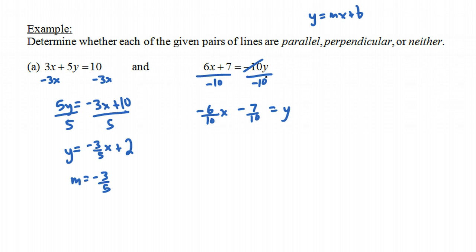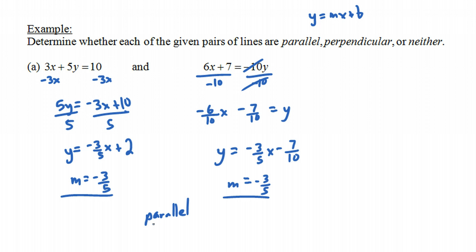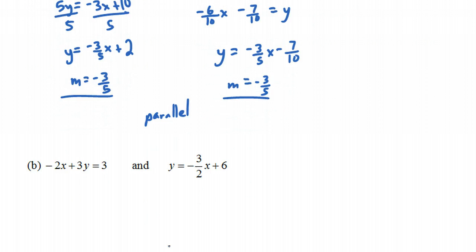And then the -10s cancel here. Now let's rewrite this with the y on the left-hand side instead of the right-hand side. And also let's reduce -6/10 to -3/5. And notice the slope for this one is also -3/5. So these lines have the same slope. They are parallel. These lines are parallel lines.